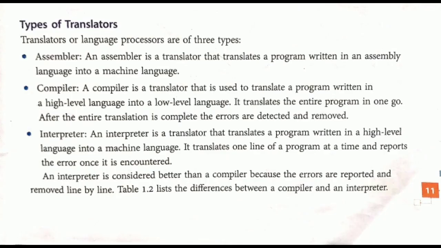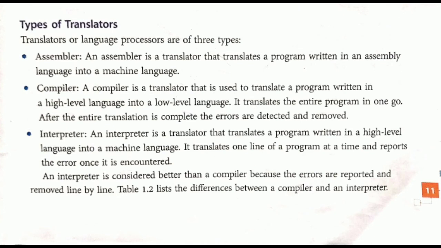Now look at the definitions of the types of translators. First translator is the assembler. An assembler is a translator that translates a program written in an assembly language into a machine language. Second one is the compiler. A compiler is a translator that is used to translate a program written in a high-level language into a low-level language. It translates the entire program in one go. After the entire translation is complete, the errors are detected and removed.